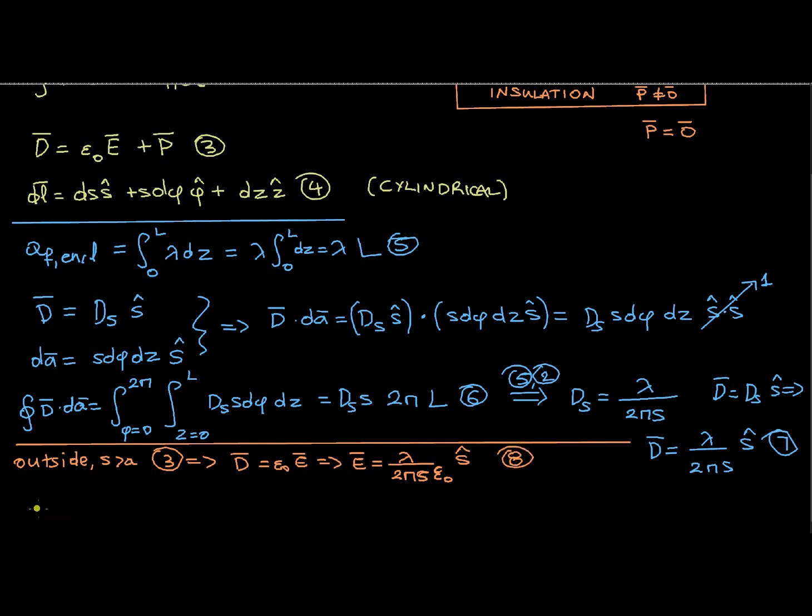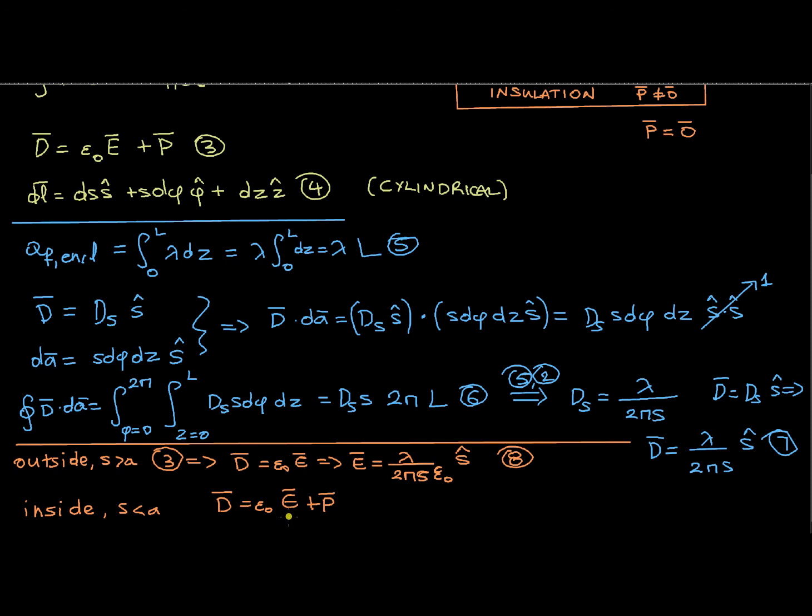Now, if you're interested to see what happens inside, where s is less than a, then what I have from equation 3 is that D is equal to epsilon naught times E plus the polarization. If I want to find the electric field E, which is the total electric field, this is what you actually have inside.